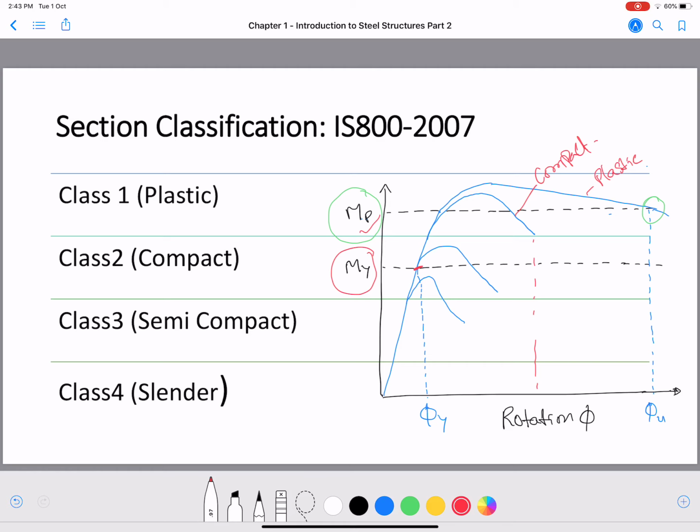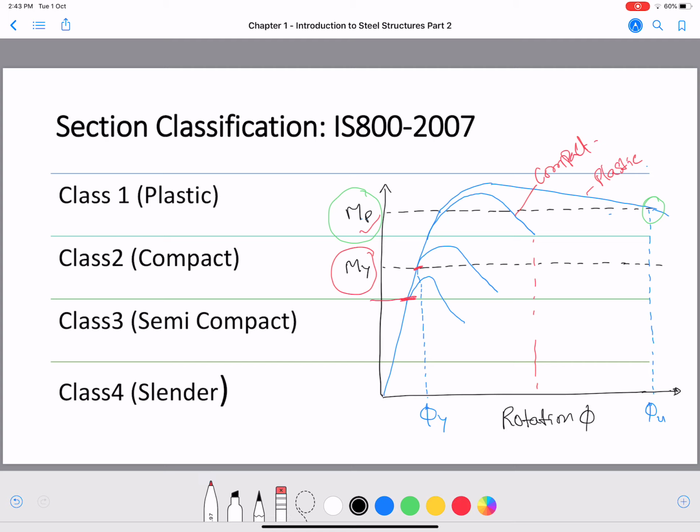Now come to the slender section. The slender sections are those in which yield in the extreme fibers cannot be attained because of premature local buckling in the elastic range. That means it's not even reaching the yield moment before it actually fails; it is below the yield moment.